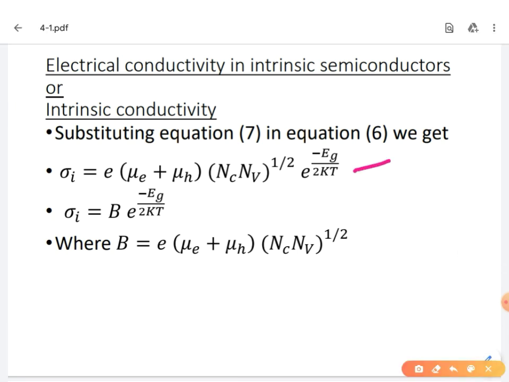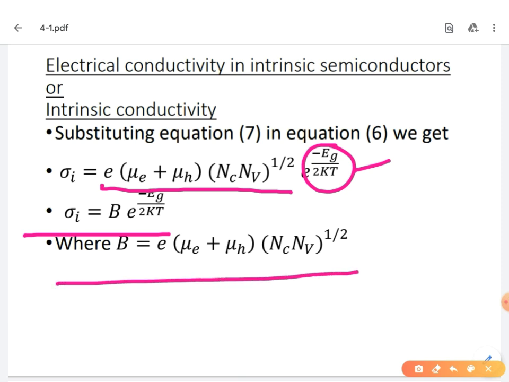In that expression, the starting term is constant, but this is the variable term. So that is simply written like this, which is the constant term. So which is the expression for intrinsic conductivity or electrical conductivity in an intrinsic semiconductor.